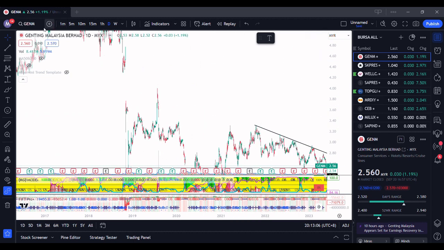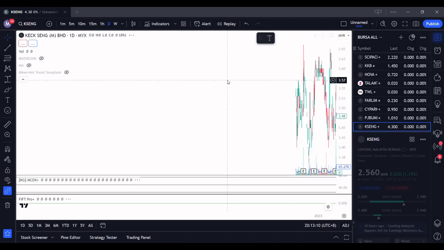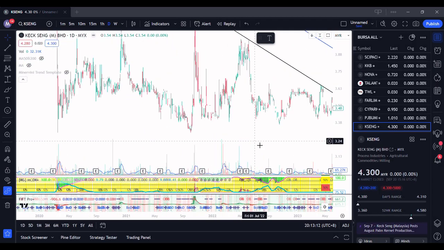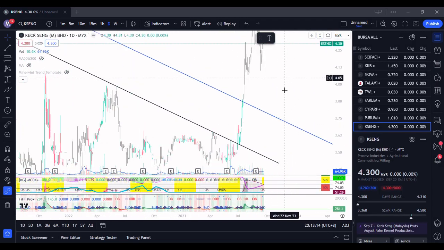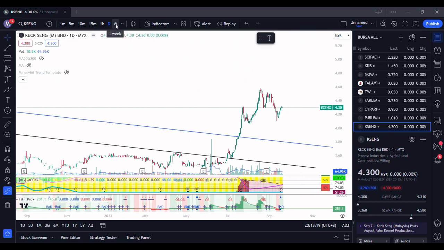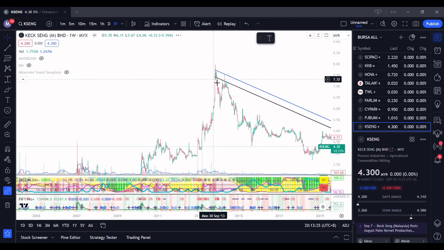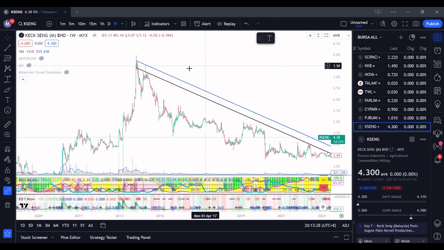I think another one is this. Sometimes you can even see the downtrend line valid on a weekly chart, which means it's very strong. Just remember, the longer your time frame is, the stronger the data is. Kicksing's downtrend is actually from, what, 2013.